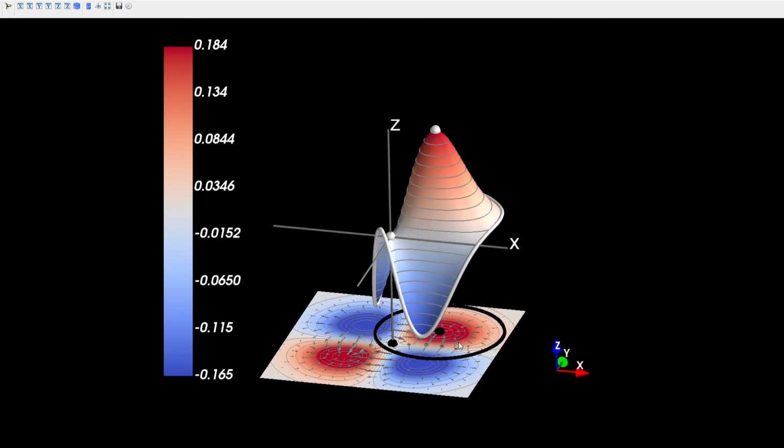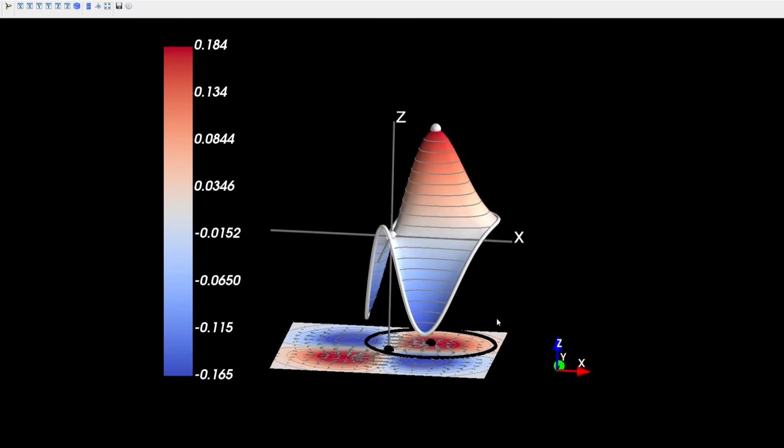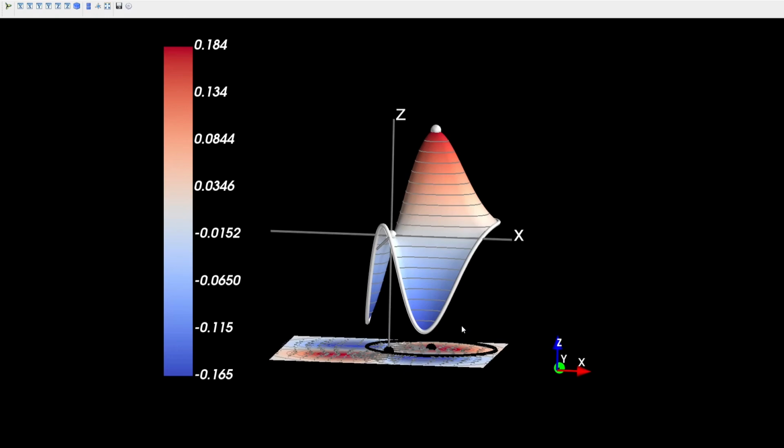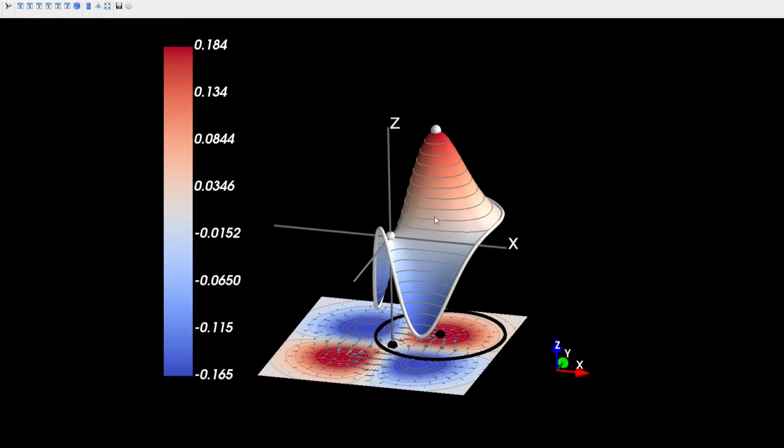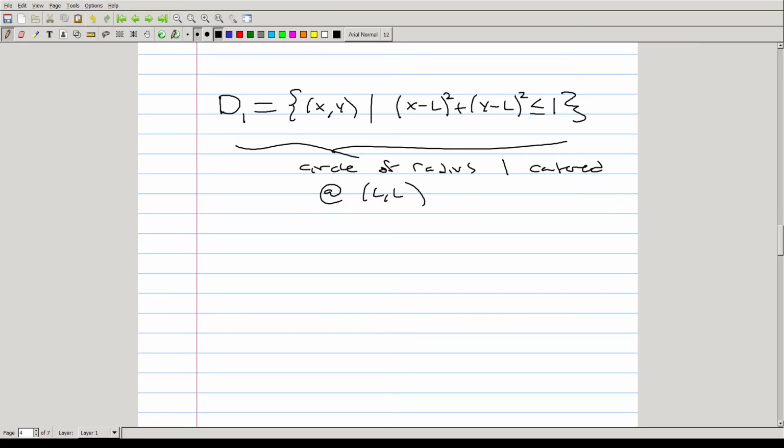But the point here is that if we change this region, the optimization problem changes and the solution is going to change, just like in 1D for 1D functions. For instance, if we consider a domain, we'll call it D2, we do the optimization problem on D2.